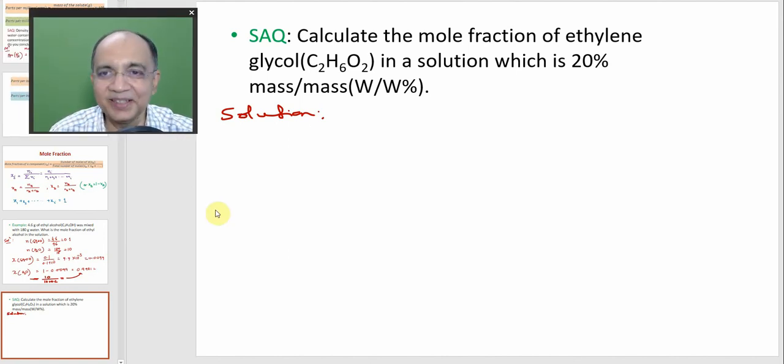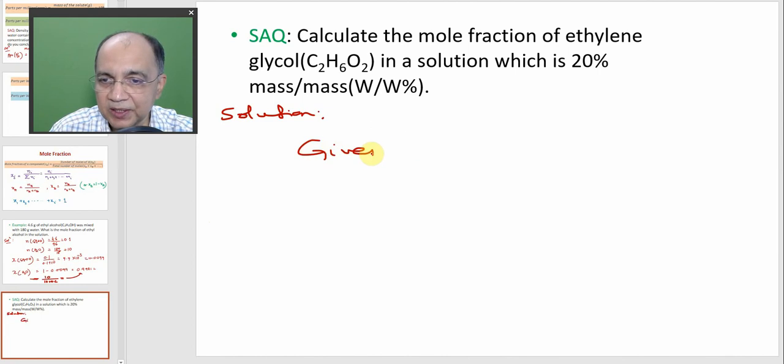Done? Check. Now check whether you have done correctly or not. The mole fraction you have to find out. Now what is given here? What is given in this?